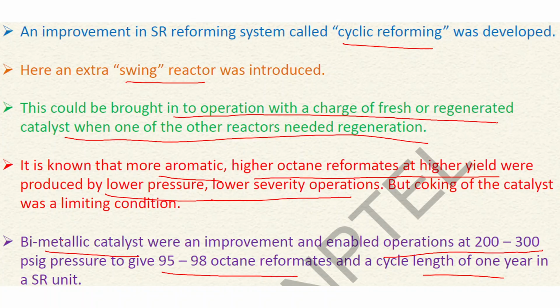The regeneration cycle can extend up to 1 year, whereas in the case of the single reactor it was 8 to 12 months, which may vary. But with this bimetallic catalyst, it can go up to 1 year.